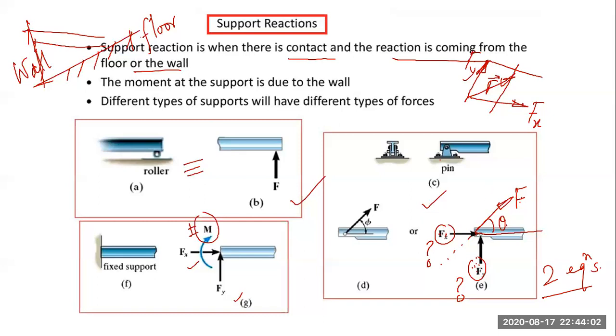No, because theta is also a variable now. Since Fx and Fy both are unknown, theta you cannot know. Clear? So instead of Fx and Fy, we now have a pair of two unknowns, which is F and theta. So I don't think there is a big advantage. Same thing.